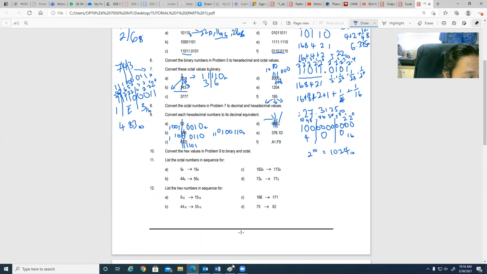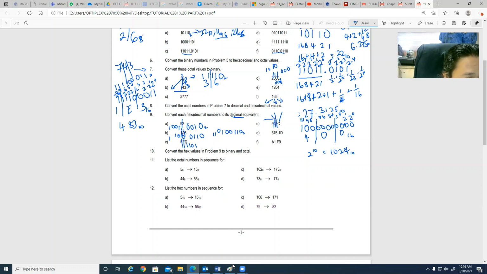And then question number 10 will be related to question number 9. So from this hexa value 92, you have to convert into binary. Alright, so already converted into binary, and then this one you have to convert to decimal. First is the same step, you have to convert into binary.